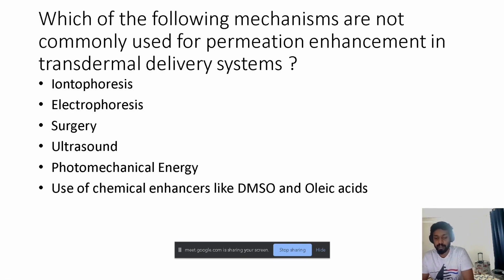Surgery. Okay. Use of chemical enhancers like DMSO. Surgery. Okay. Yeah. So photomechanical energy is in fact used to increase the permeation enhancement. What they do is blast high intensity light onto your skin to disrupt the barriers, so there's increased permeation.